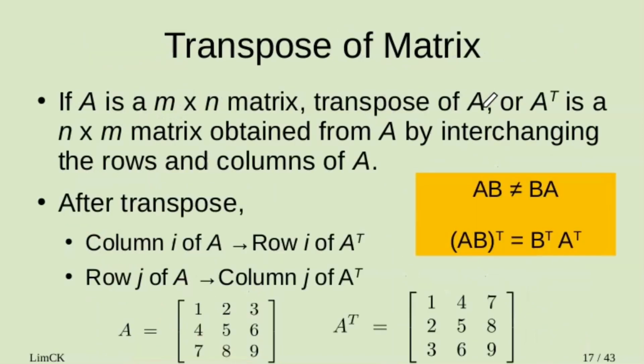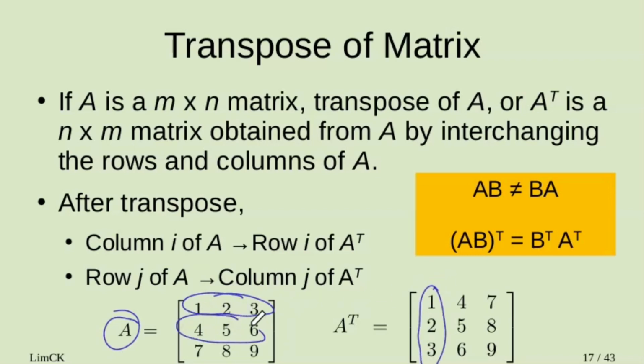Transpose of a matrix. Transpose is a very simple operation. We just convert the row number of an element to the column number, and the column to the row. What I mean is, for example, if this is matrix A, the values in the first row are 1, 2, 3. Then you change the 1, 2, 3 to be the first column.